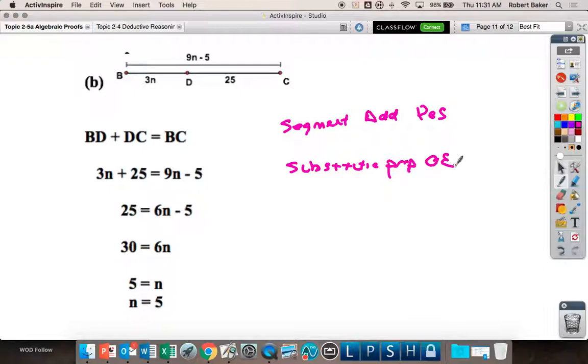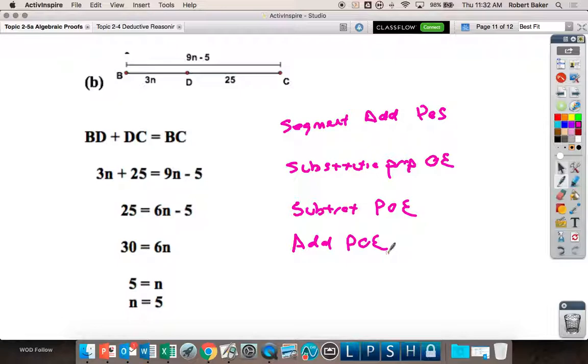Substitution property of equality. And then subtraction. Addition. You said this one before, but I don't know. Sucks for you.